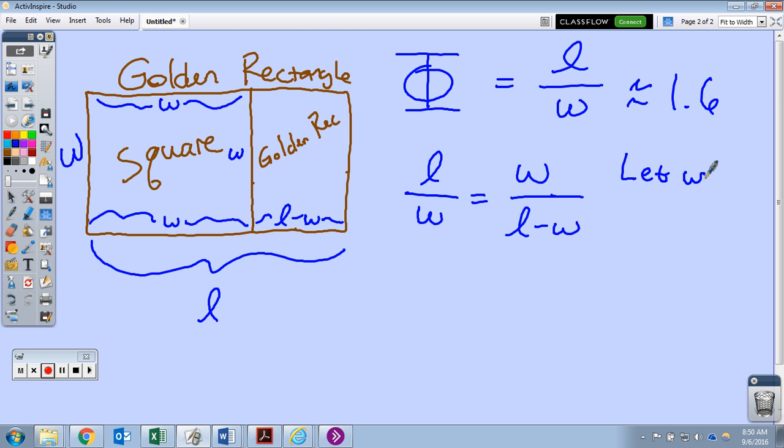Let W equal 1. And this here is L, this is the L minus 1, as we're going to see here. So now we have everything in terms of L. So L over 1 is equal to 1 over L minus 1.